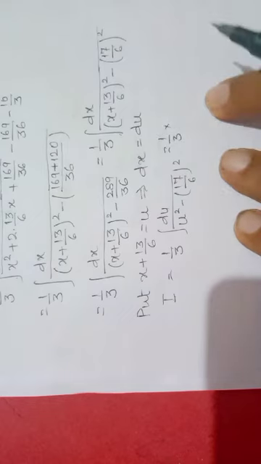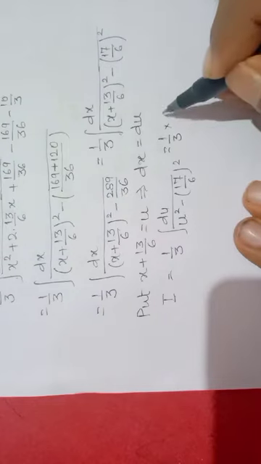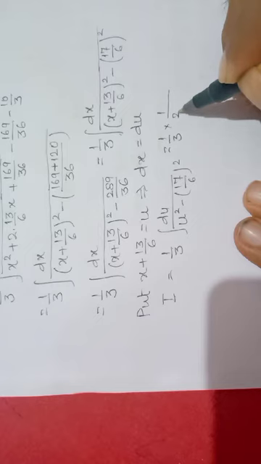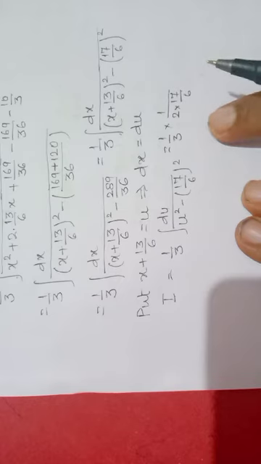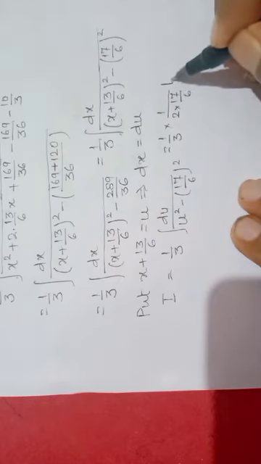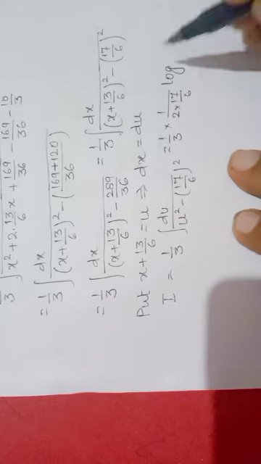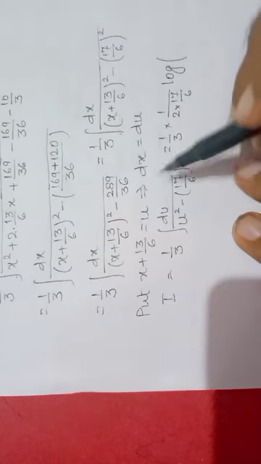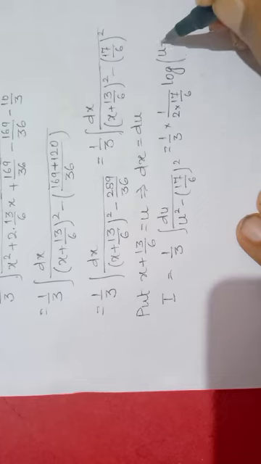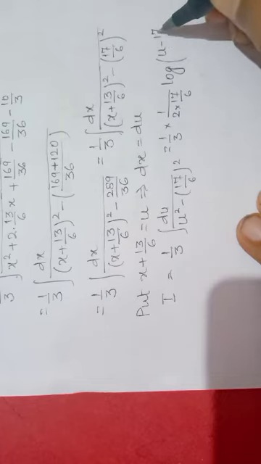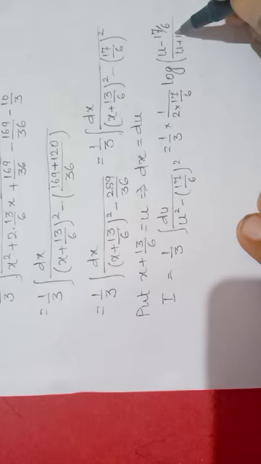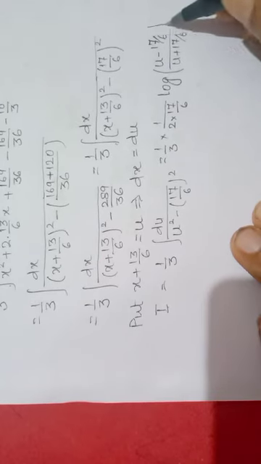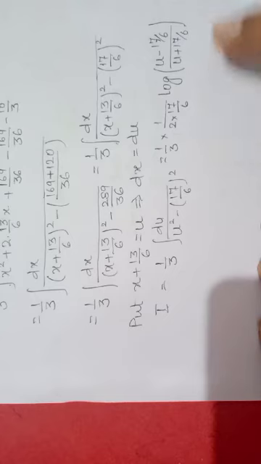It is 1 by 2a, means 1 by 2 into, here a is 17 by 6, 1 by 2a log of u minus a, means u minus 17 by 6, divided by u plus 17 by 6. This is according to the formula.